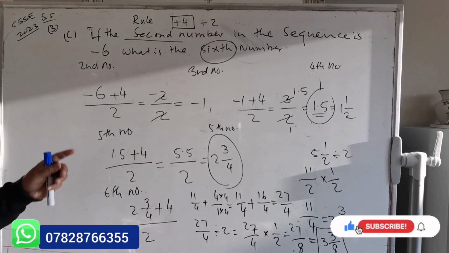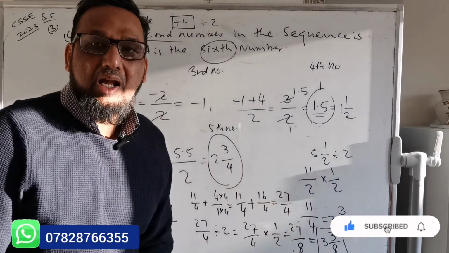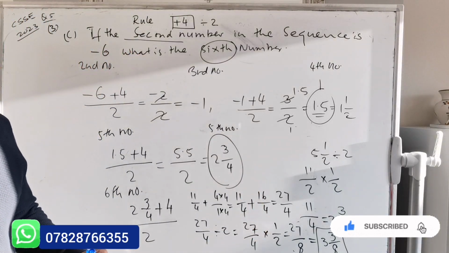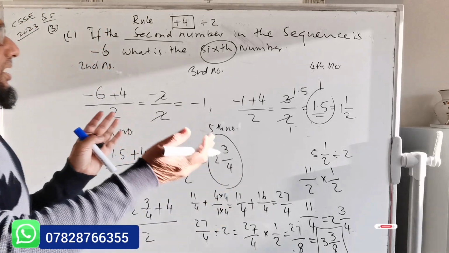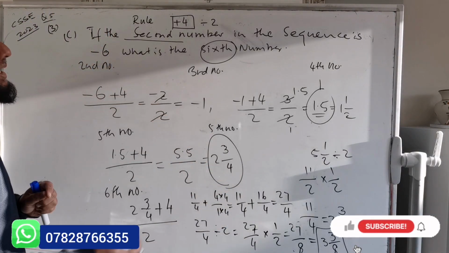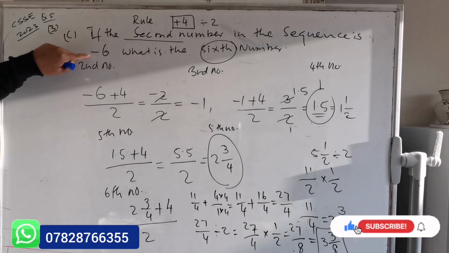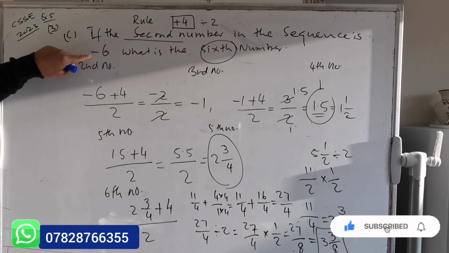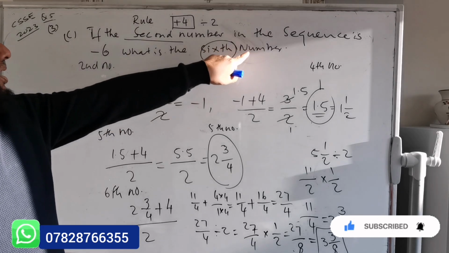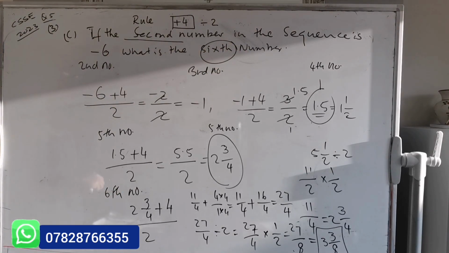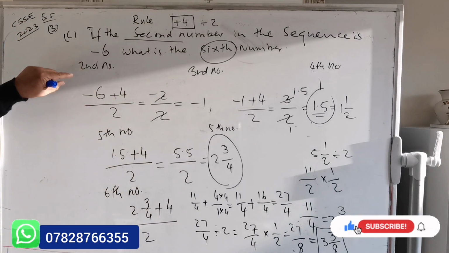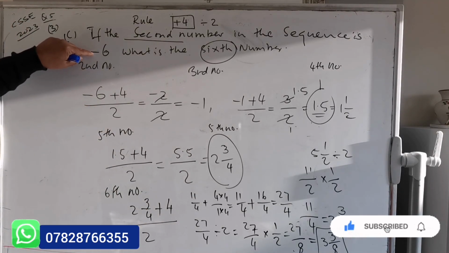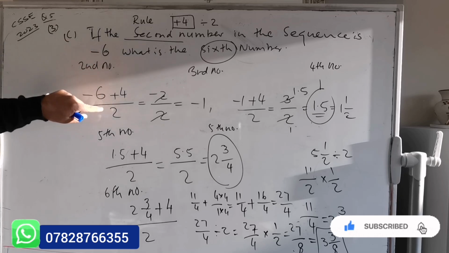They are basically testing your fractions, how good you are with fractions. They haven't given a straight question on fractions. They ask in the form of a sequence: if the second number is minus 6, find the sixth number. Let's repeat again, don't be confused. The second number was minus 6.